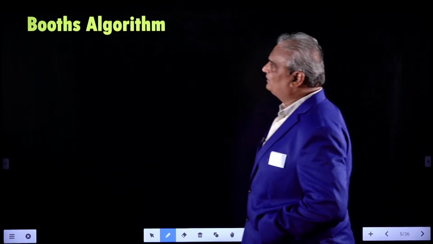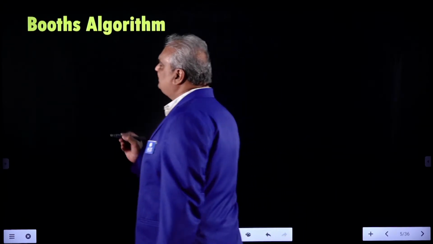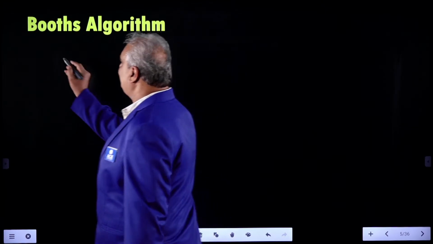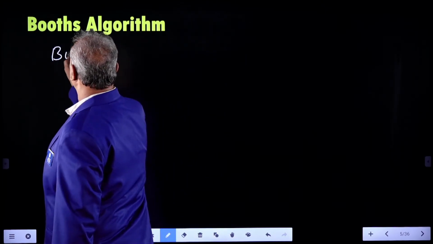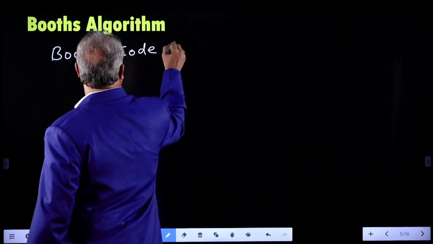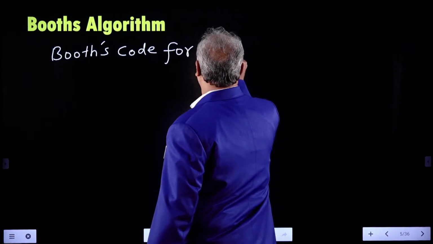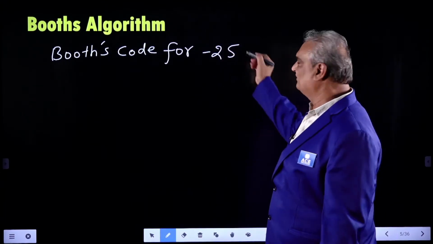Next, in the first chapter, Booth's algorithm is there. In this, what is the procedure to find Booth's code? Booth's code for, suppose, -25, a decimal value.